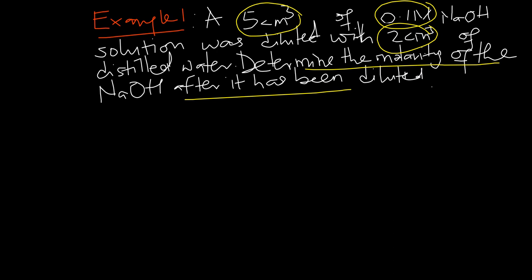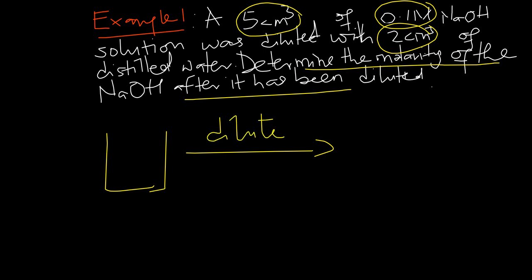Now let's look at the question again. The solution was initially this, and this solution was diluted, and after dilution you got the new solution, which is this one. The initial volume of the solution was 5 cm cube, and the initial concentration of the solution was 0.1 molar.